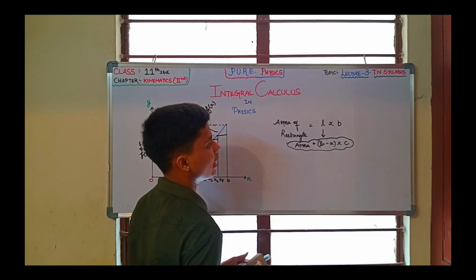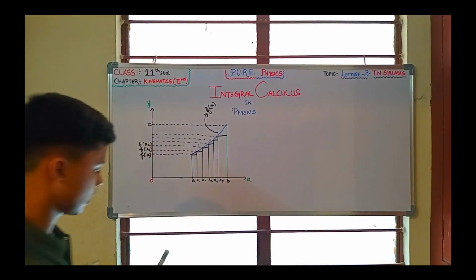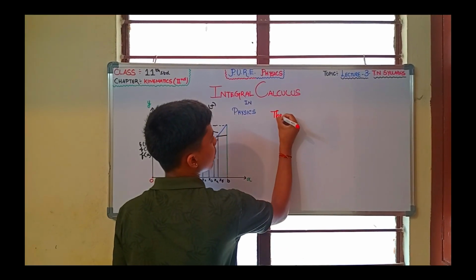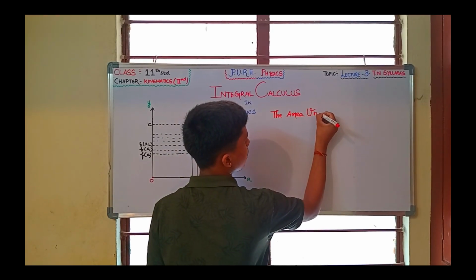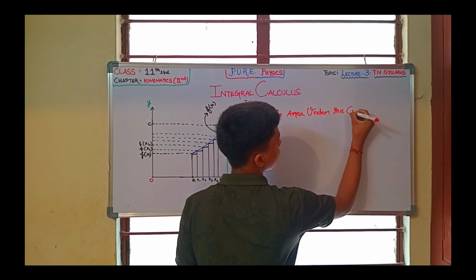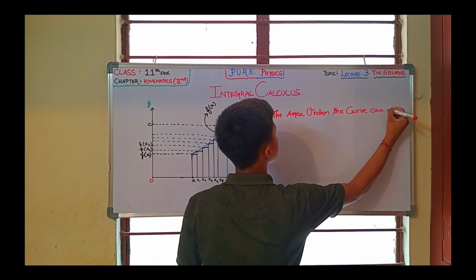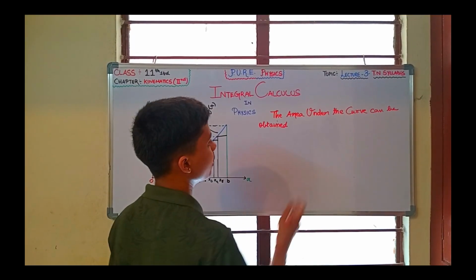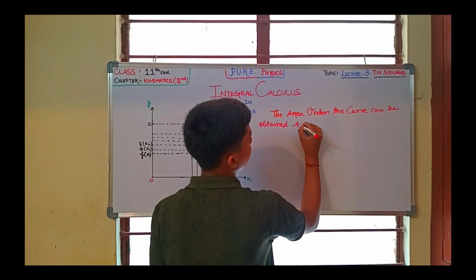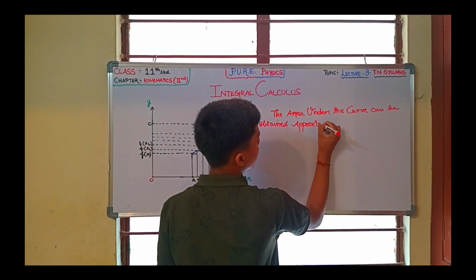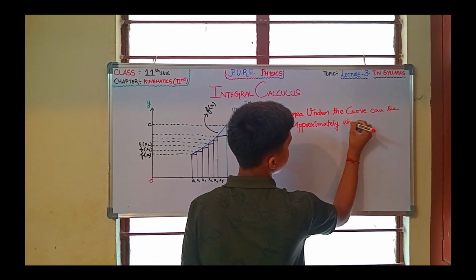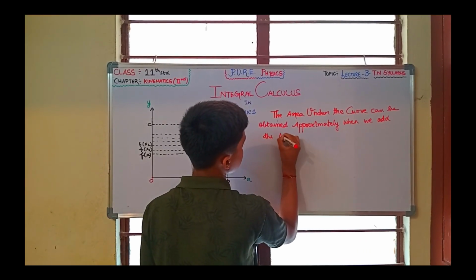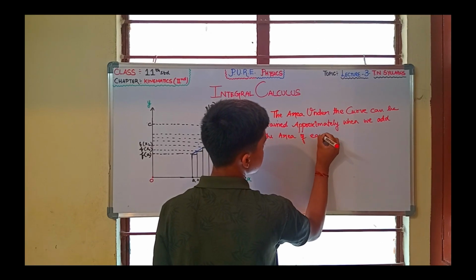So using this formula, I can state that the area under the curve can be obtained approximately when we add the areas of each strip.